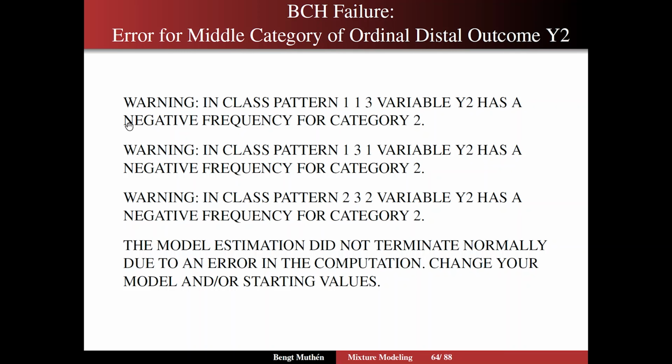So here's one of those negative frequency problems of BCH that I mentioned on a previous slide. You know, we had negative variances, negative frequencies, possibilities. So we have a couple of those problems for Y2 in category 2. Y2 is ordinal with 3 categories. This is the middle category. So we have a problem here, BCH failure.